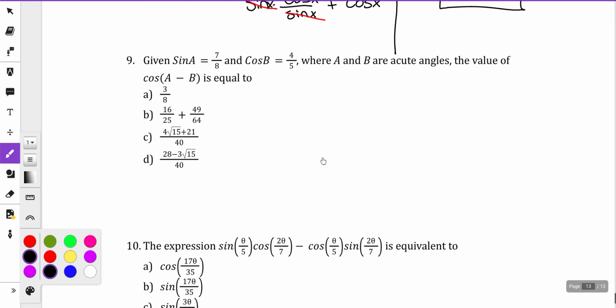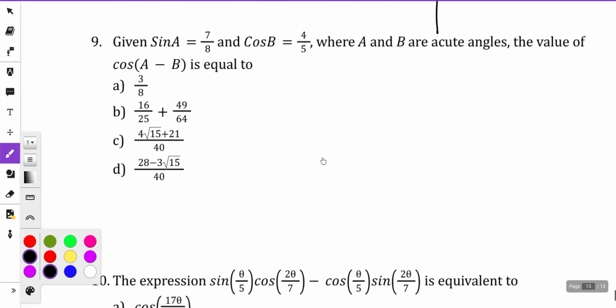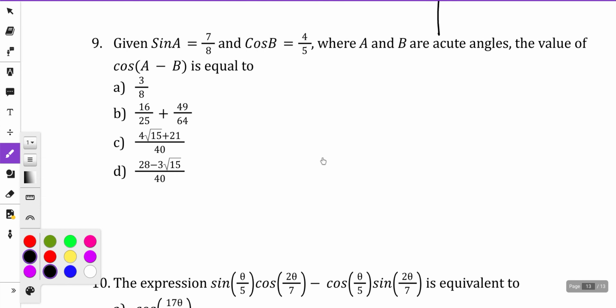Two left, number 9. Given sine of A equals 7 over 8 and cos of B equals 4 over 5, where A and B are acute angles, the value of cos A minus B is equal to. Okay, dokie.